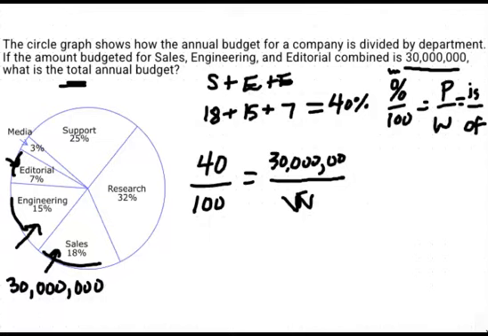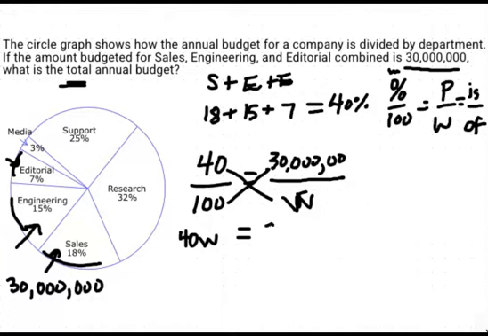Fraction equals fraction, cross multiply. We've got to multiply this by this. So I have 40 times W equals 30 million times 100.